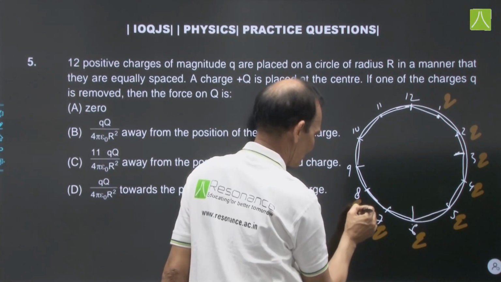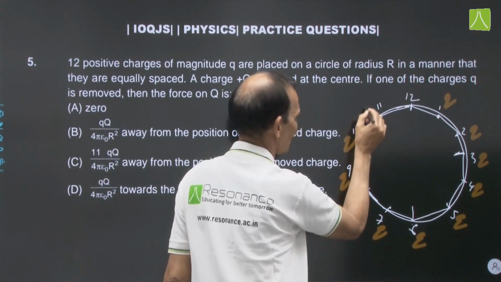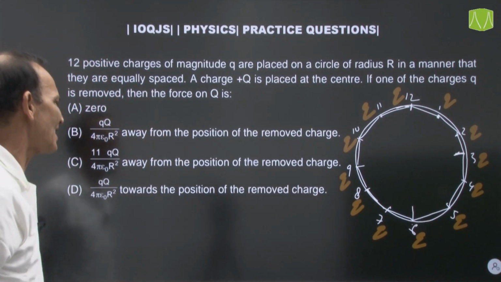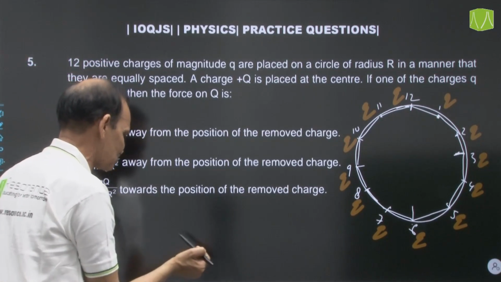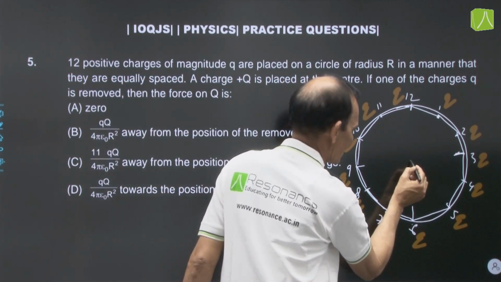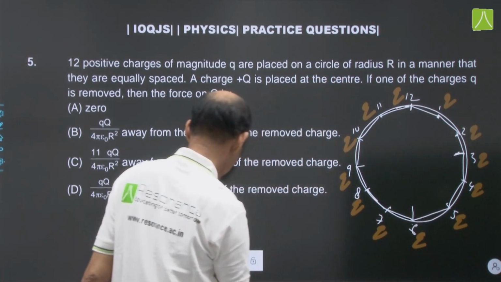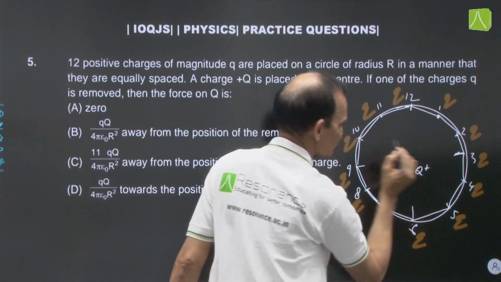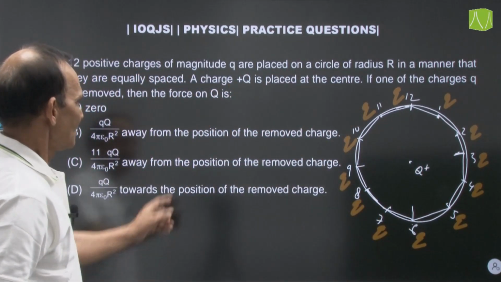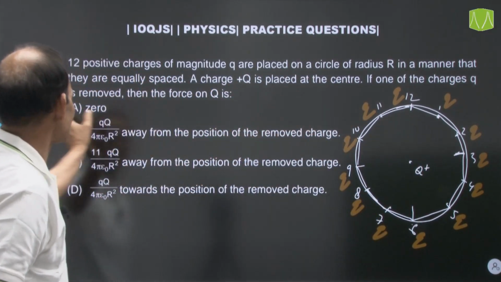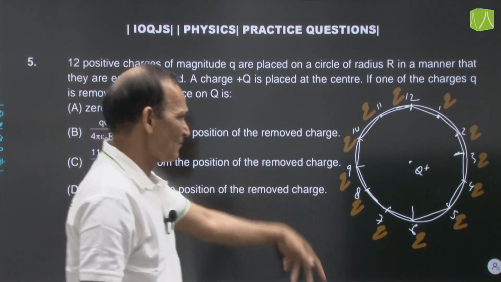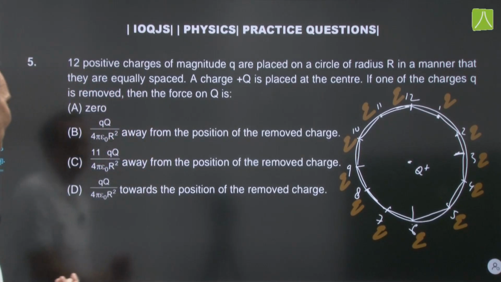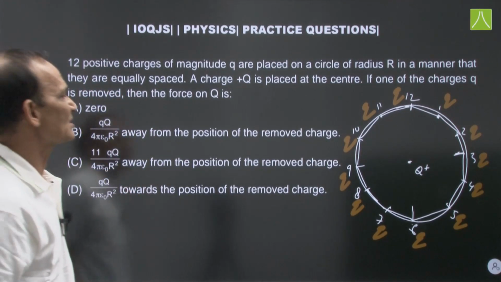Regular polygon, then the net force on the central charge, that is capital Q, is zero. Capital Q is here, it is also plus. If one of the charges is removed, what is the net force? Net force on this Q will be 0. Okay. Now one charge is removed.